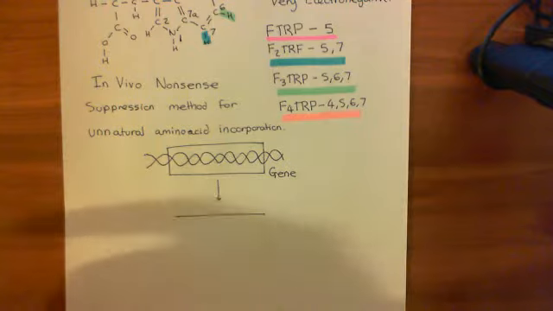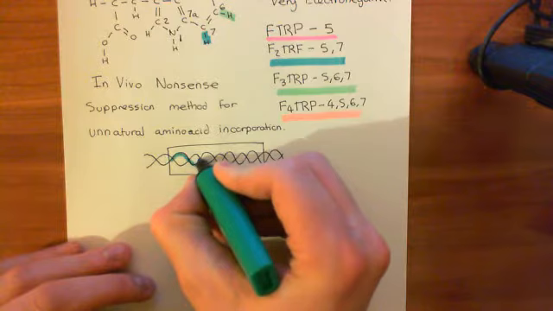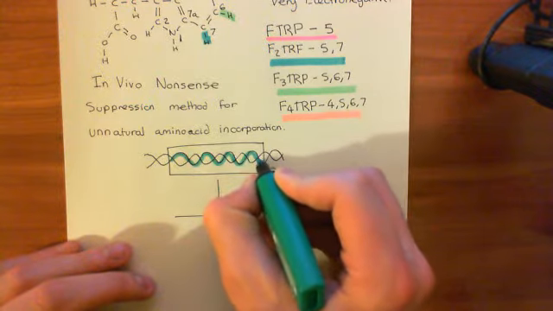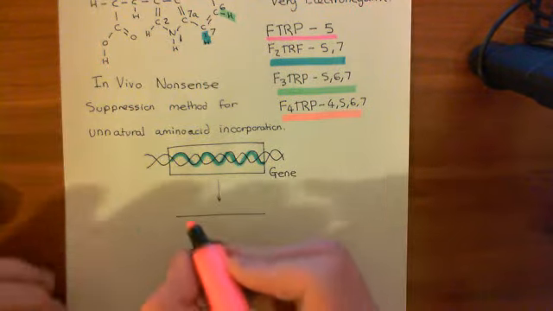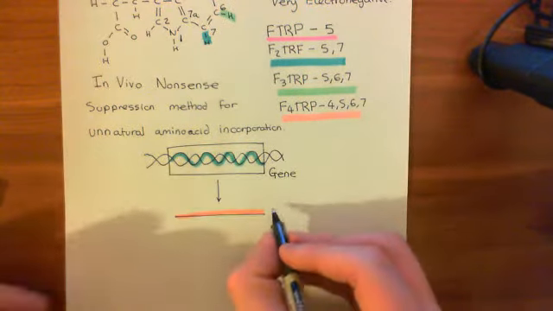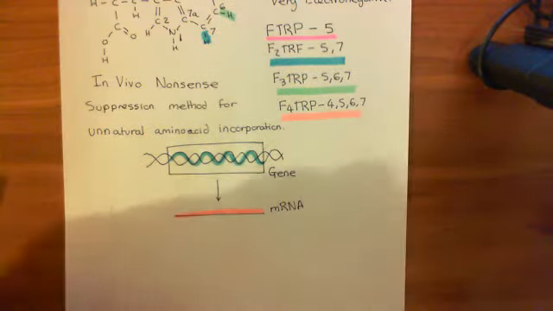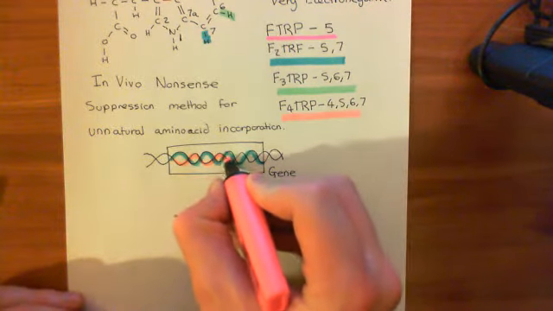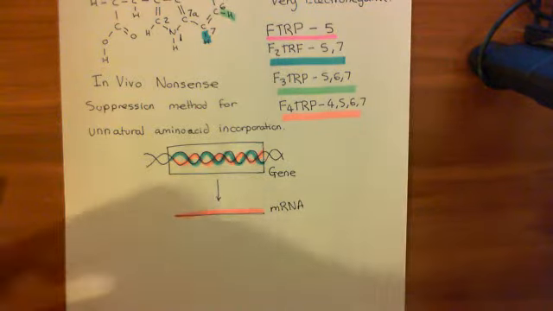On this DNA, one of the strands is the coding strand, so let's say in this turquoise color, this is the coding strand. We will create a piece of mRNA that is complementary to the coding strand of the DNA. It will have the same sequence of organic bases as the non-coding strand of the DNA, except that obviously it will have uracil instead of thymine because it's RNA rather than DNA.